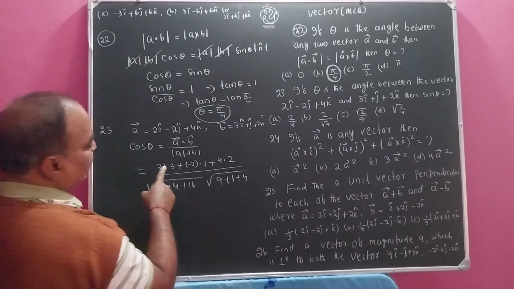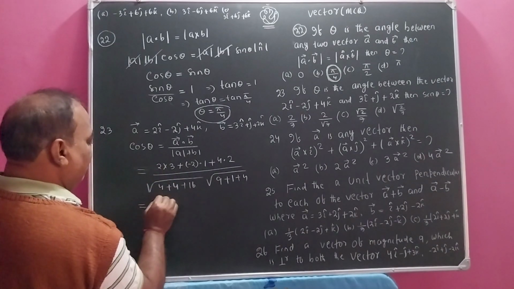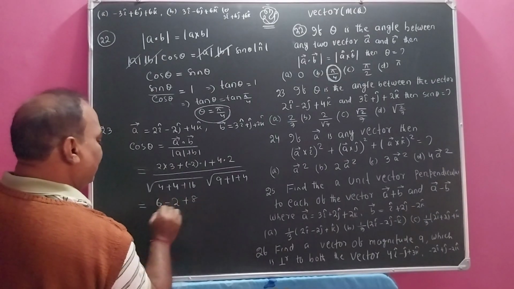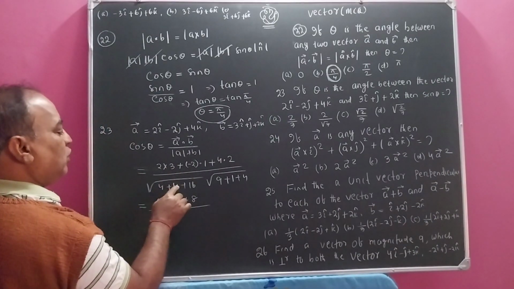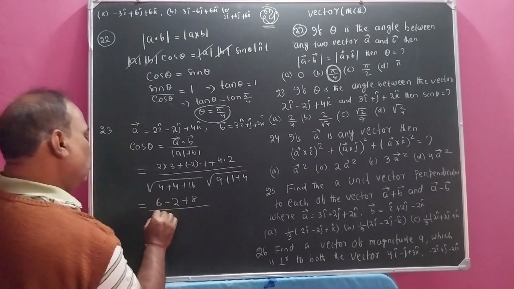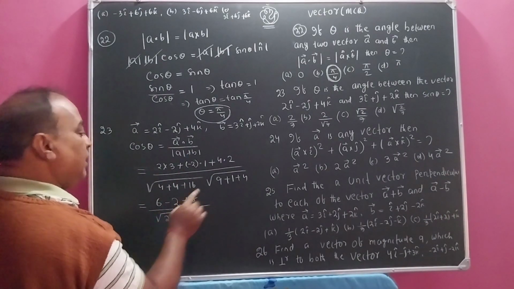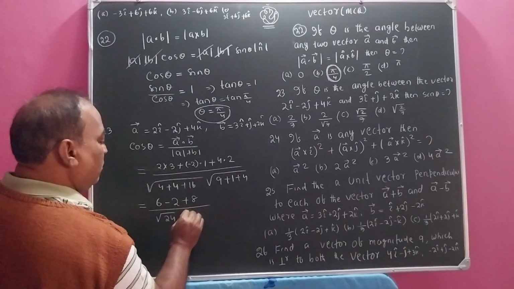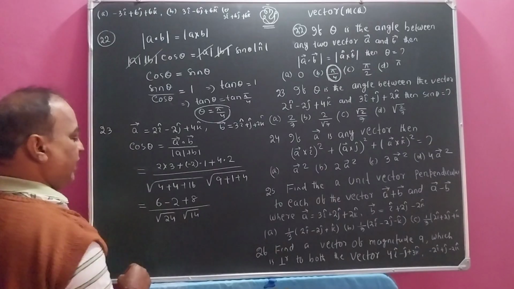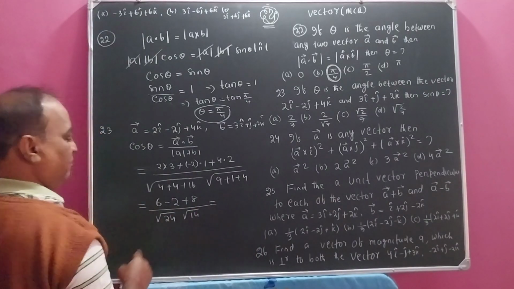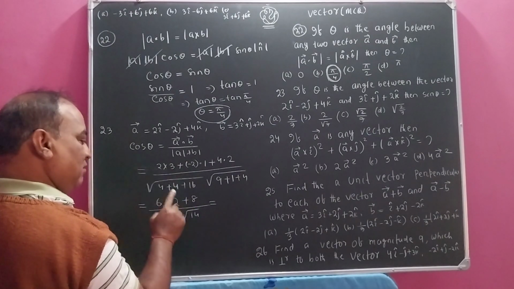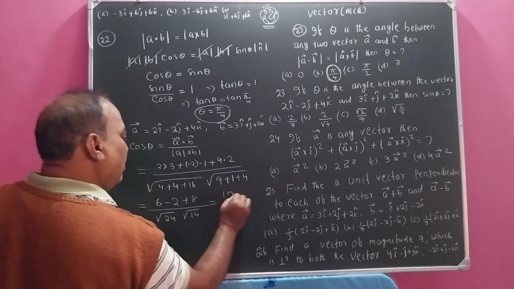So here the numerator is 6 minus 2 plus 8, which is 12, divided by root 24 into root 14.